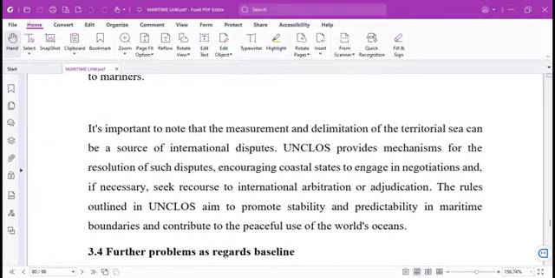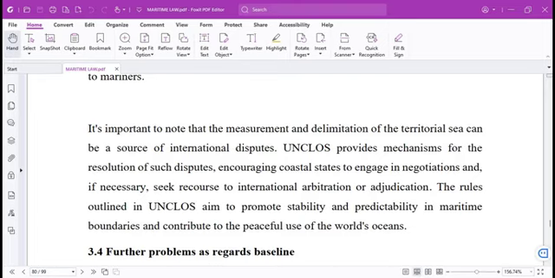It is important to note that the measurement and delimitation of the territorial sea can be a source of international dispute. UNCLOS provides mechanisms for the resolution of such disputes, encouraging coastal states to engage in negotiations and, if necessary, seek recourse to international arbitration or adjudication.